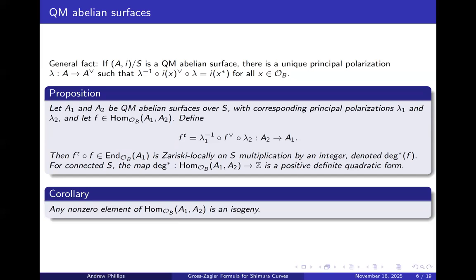A nice consequence is that this is unique to QM abelian surfaces. It is certainly not true for any abelian scheme that any non-zero element of this Hom group is an isogeny. That comes from the fact that F dual composed with F is multiplication by an integer, so that one we know is an isogeny.